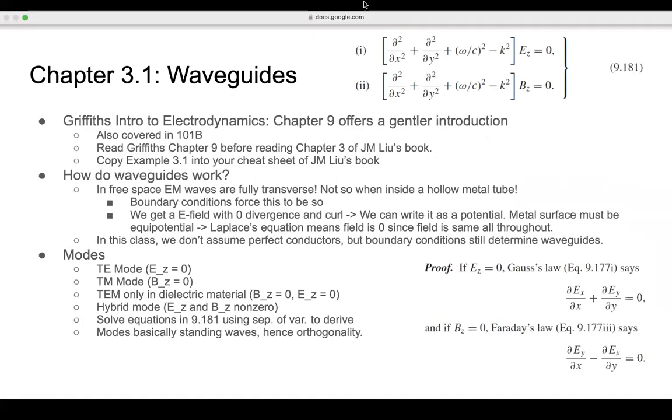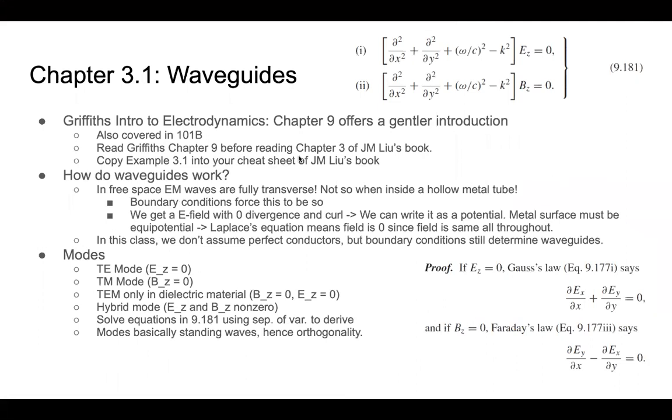Yeah, so waveguides. As we mentioned before, EM waves are fully transverse in free space. But when you have a material with some conductance, you might get some longitudinal component. So different modes: TE mode is when the electric field in the traveling direction is equal to 0.